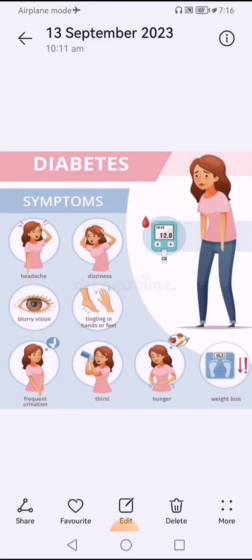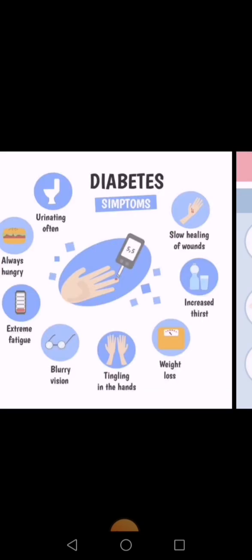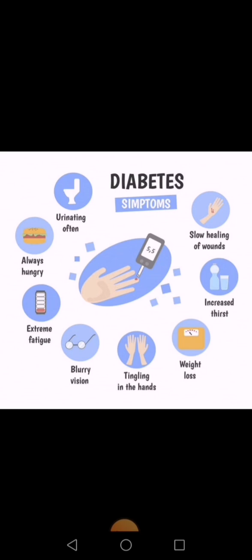Now here are some other symptoms of diabetes, like headache, dizziness, blurry vision, tingling in hands or feet, frequent urination, thirst, hunger. These are the pictorial symptoms as seen in diagrams. Now, diabetes symptoms, this is over the last slide.